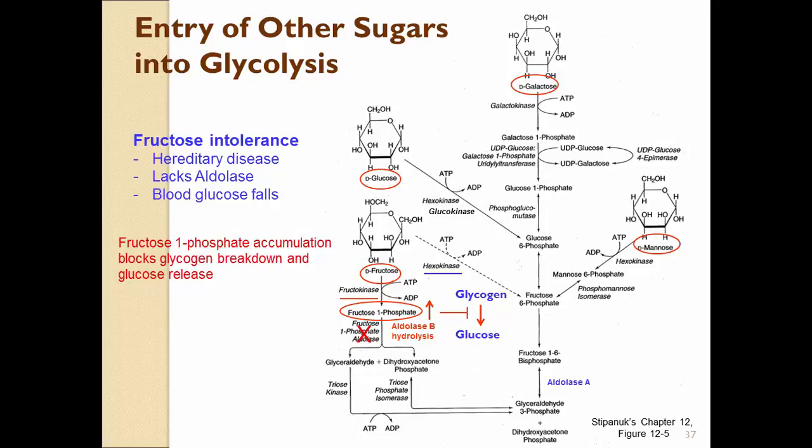So the glycogen breakdown process will be reduced in this patient because of the fructose 1-phosphate buildup. So this patient will have a problem maintaining blood glucose level during fasting, right? Does that make sense?